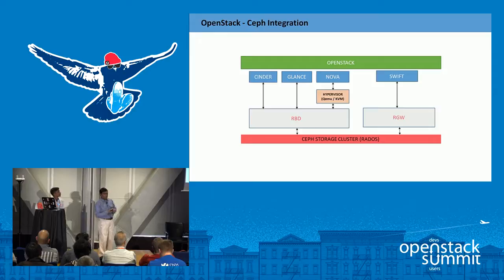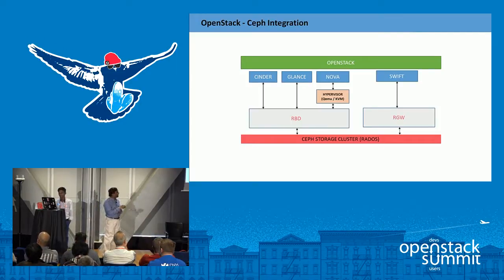Glance is the image service, which provides the catalog of all the images stored. Again it is backed by RBD, and everything is stored in Ceph Rados. Similarly, Swift is the object storage of OpenStack, and it has interface APIs which talk to the Rados gateway client and eventually store all the objects in Rados.